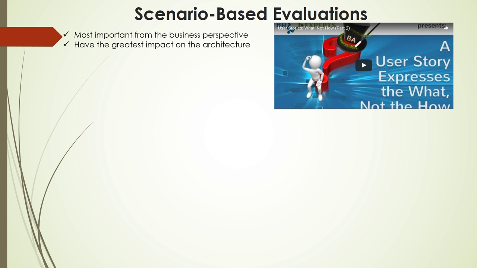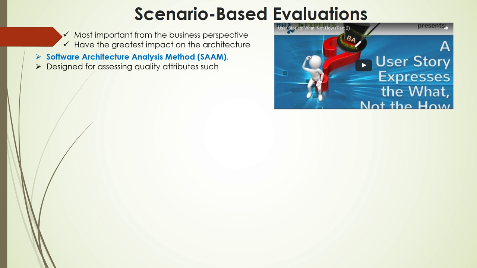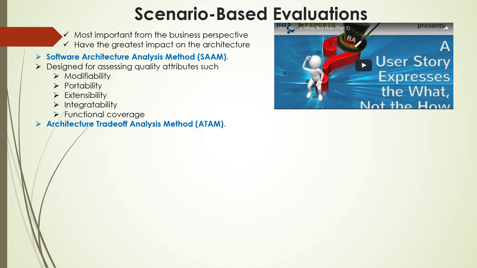The first methodology is the Software Architecture Analysis Method, or SAAM. SAAM was originally designed for assessing modifiability, but later was extended for reviewing architecture with respect to quality attributes such as modifiability, portability, extensibility, integrability, and functional coverage.